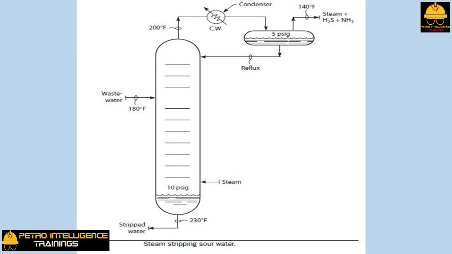If the off gas is H2S and NH3 flowing to a sulfur recovery plant, the steam carried into the sulfur plant reduces the sulfur plant's capacity and efficiency. On the other hand, a low reflux drum temperature increases the solubility of H2S and NH3 in the reflux water. As the concentration of H2S and NH3 in the reflux increases, the stripper has to work harder to keep these components out of the stripped water.